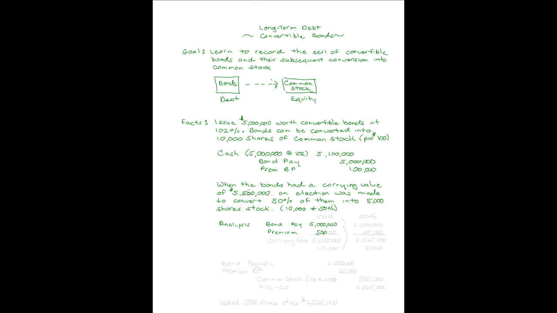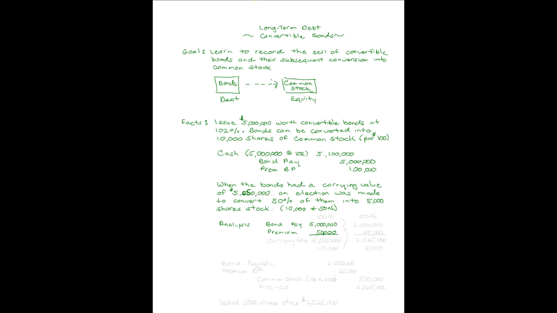Oops. And I see I have to change my conversion feature. I really meant to say that they had 5,050,000 left. Sorry, so they're halfway amortized. That's going to make a difference.